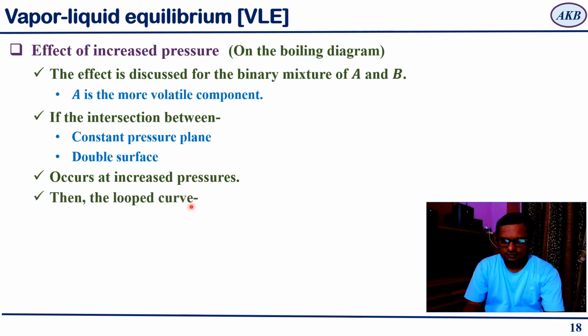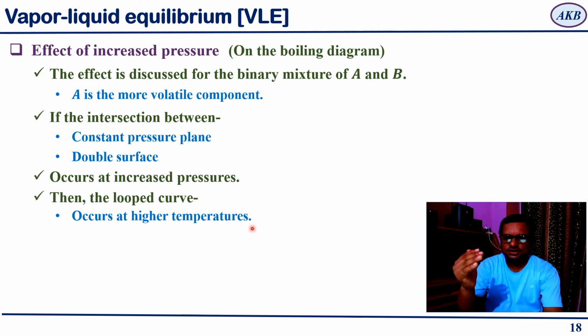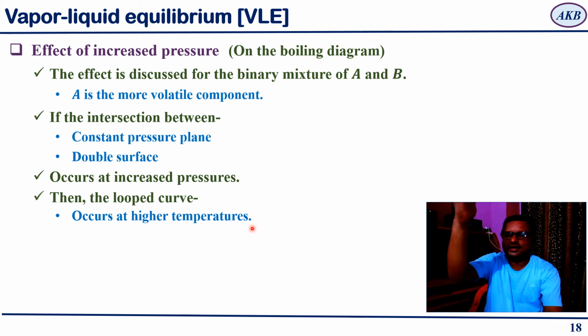The loop curve that is obtained through the intersection of these two entities, the constant pressure plane and the double surface, occurs at higher temperatures. The loop curve is formed at a higher temperature. This is the first effect.